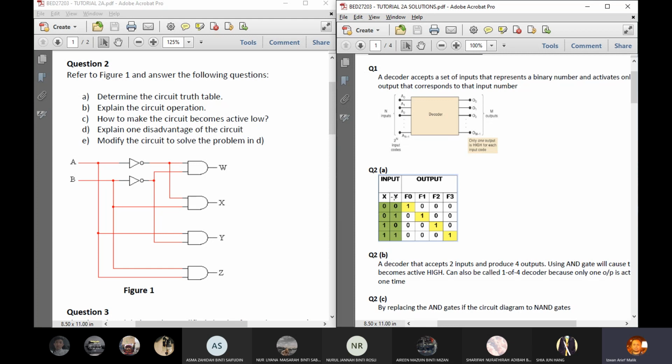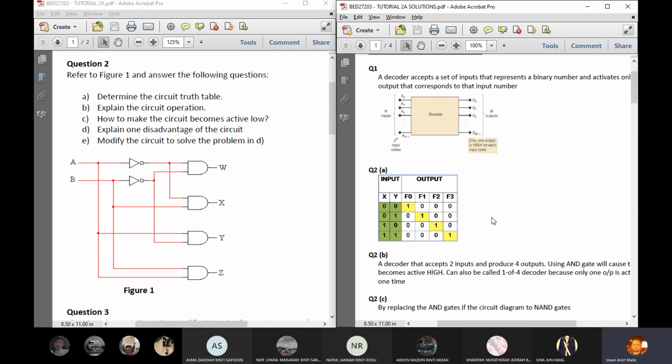Here in my notes I put X, Y, and the outputs F0, F1, F2, F3. But in the question it is A, B and then W, X, Y, Z. So just change X to A, Y to B, F0 to W, F1 to X, F2 to Y, F3 to Z. So this is the truth table.